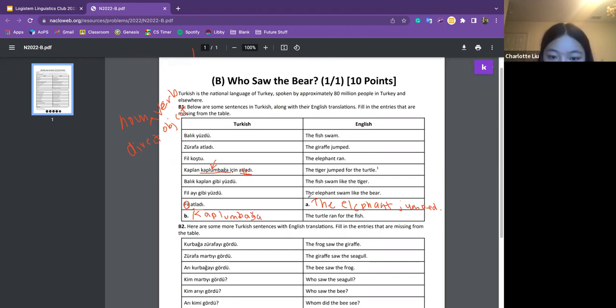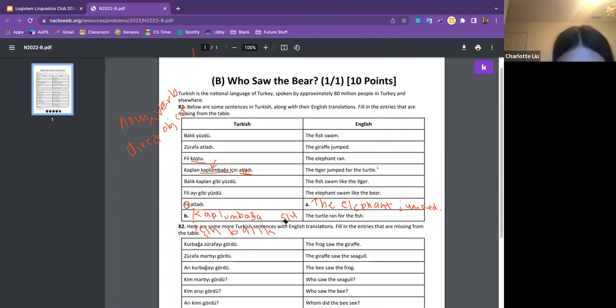Alright, so the turtle ran is here. And then for the fish, we see here that this means for, and then fish is this. So that is the answer for, oh wait, I'm sorry, I messed up.